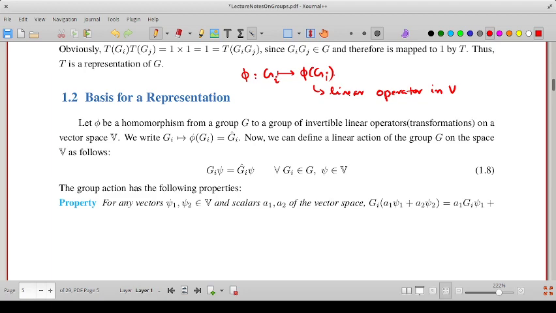And this invertible linear operator phi of Gi is represented by a simple symbol, Gi hat.